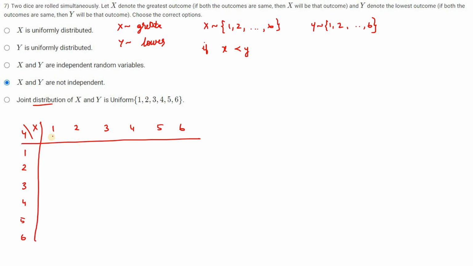Here, if x is less than y, for all the lower triangular matrix, with the diagonal here, x is lesser than y. So what will happen for this probability here? Can we get x less than y? Because x is the greater value and y is the lower value, in no condition will we get x lesser than y. So f_xy of x comma y will be equal to 0. So we can say for all of this we'll have 0.